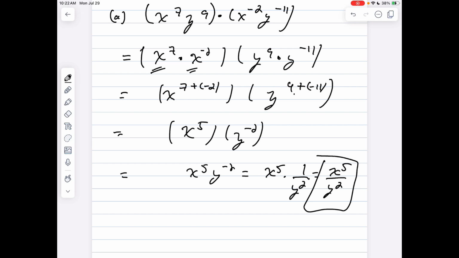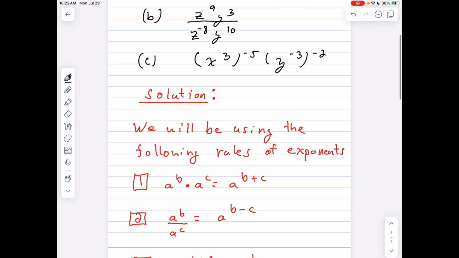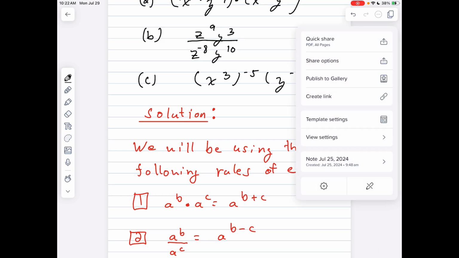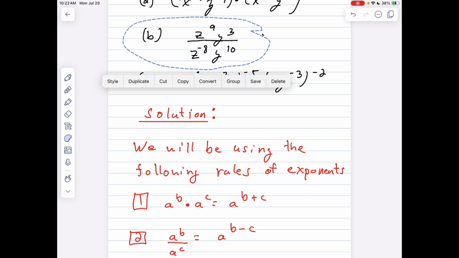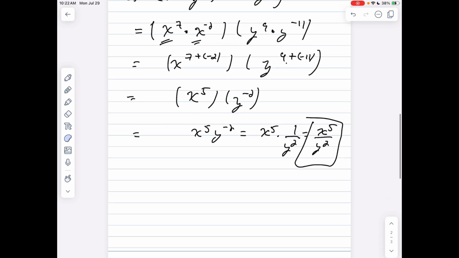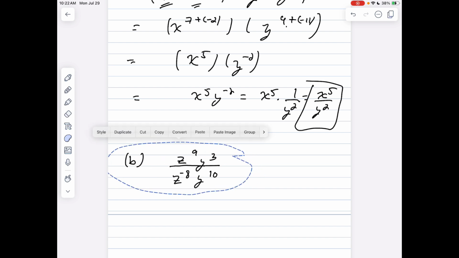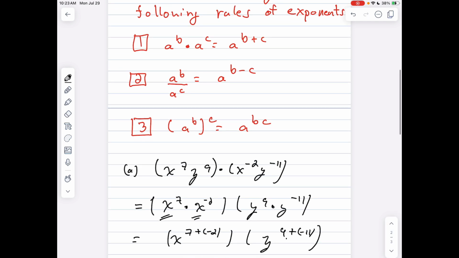So I'm going to move on now to part B. We've got z to the 9th y to the 3rd over z to the negative 8 y to the 10th. For this expression, I'm dividing two expressions with exponents, so I can use rule number 2.